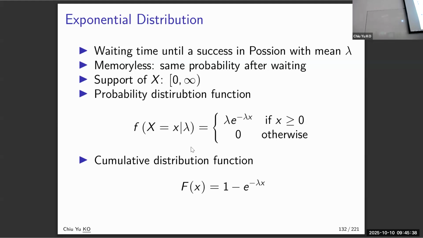If you really want to apply this to many business cases, then you have to use a more complicated one. Poisson is still fine, I don't think that's a big issue, but exponential may be a little easier when you think about how to apply it in practice. Of course, it's still a good thing people use it. But if you really want to model waiting time, you want a more complicated version.